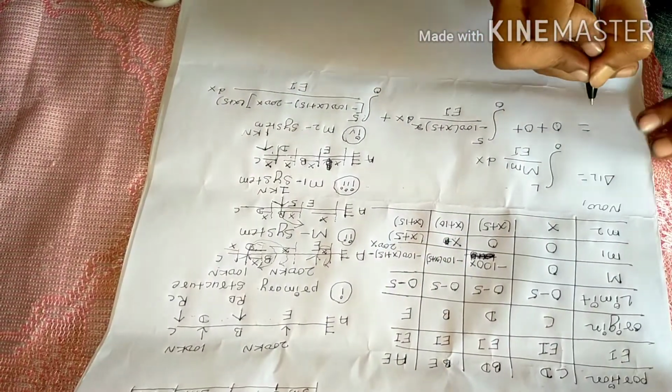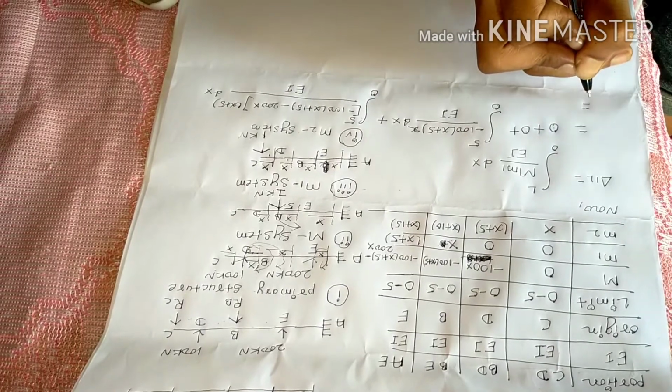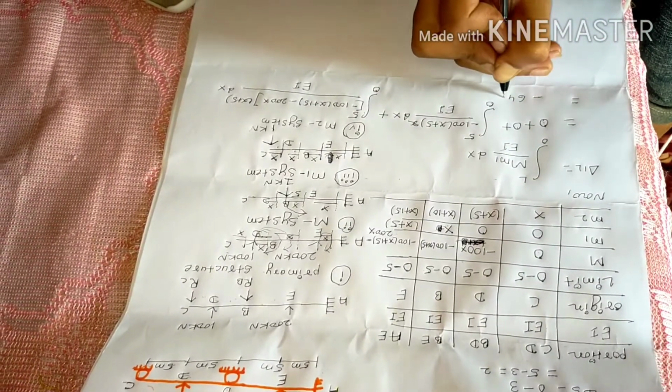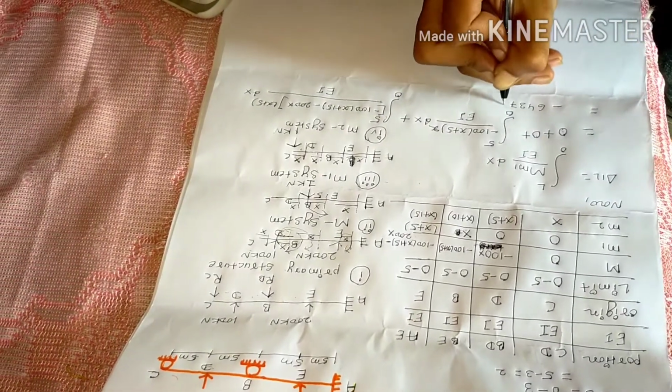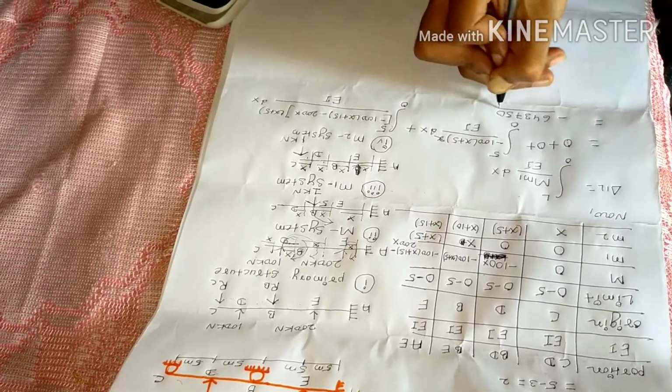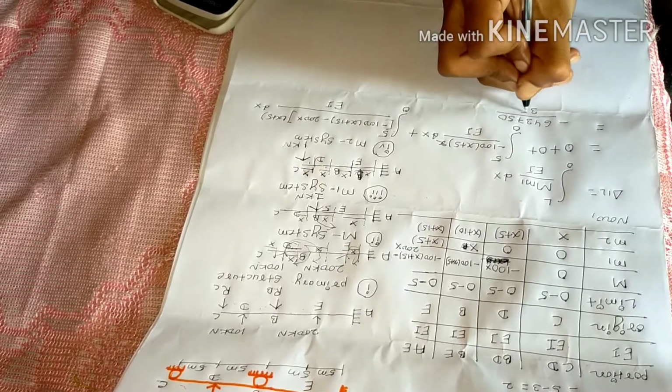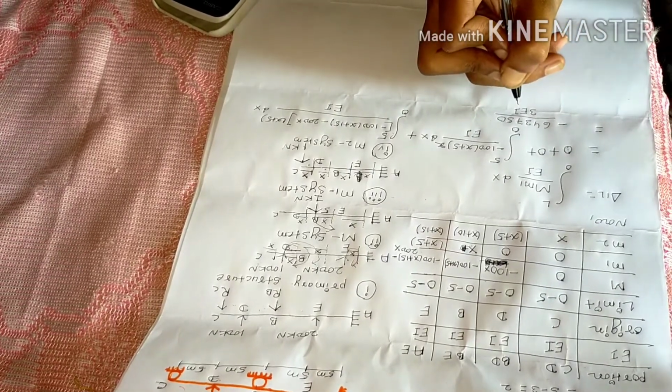On calculating using calculator, we will get minus 643750 divided by 3 EI.